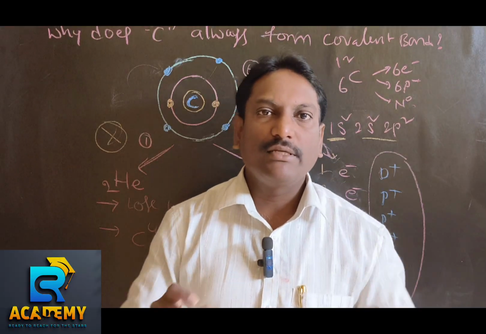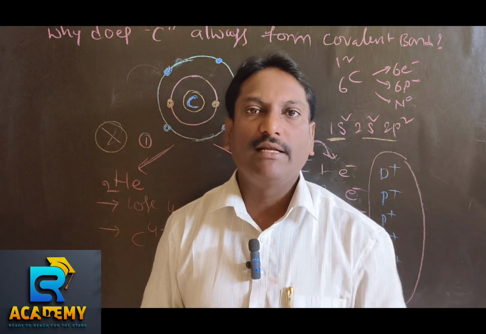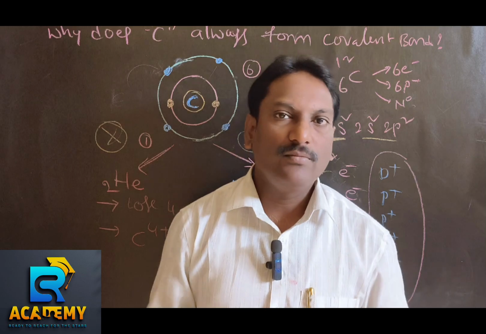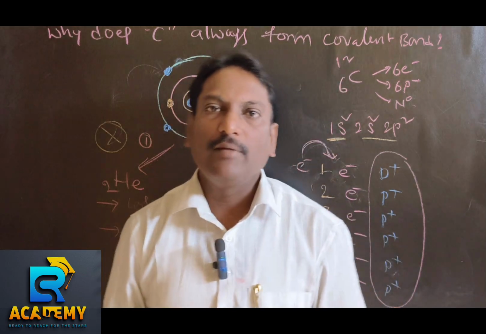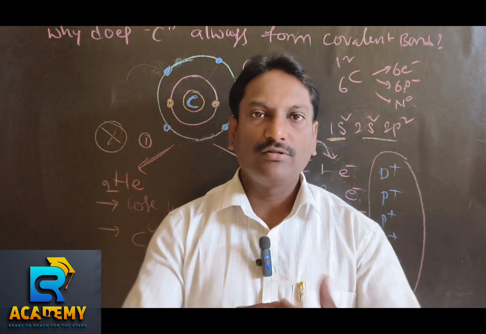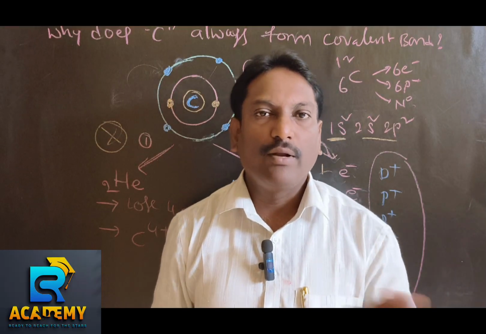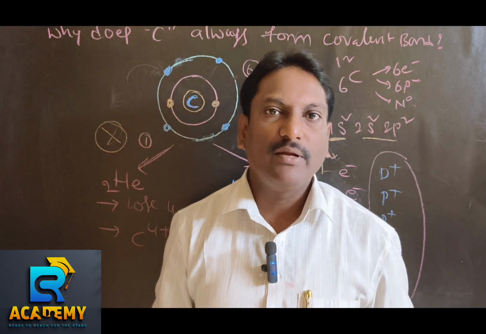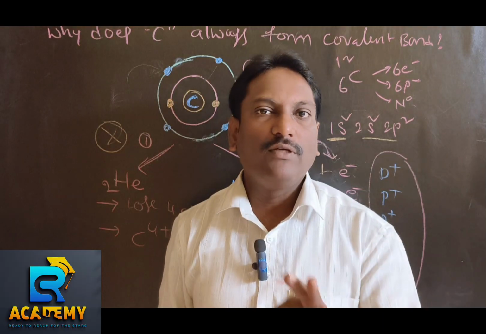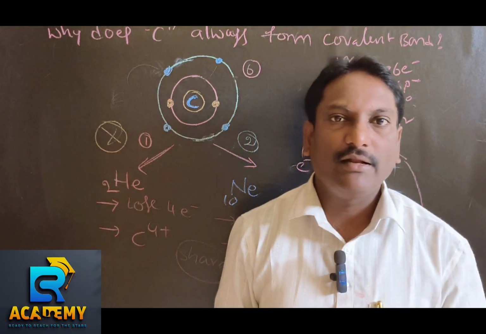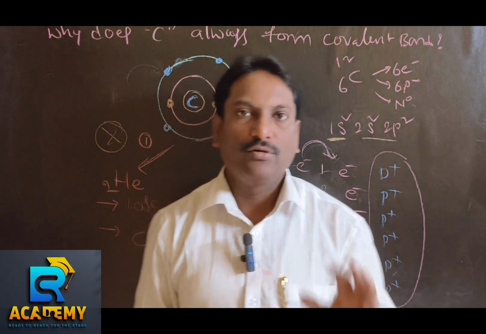Instead of gaining or losing electrons, carbon has a tendency to share electrons with neighboring atoms. Sharing of electrons is called a covalent bond. This is the reason carbon always forms covalent bonds. Is it clear? Good.